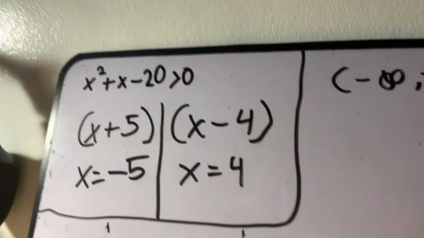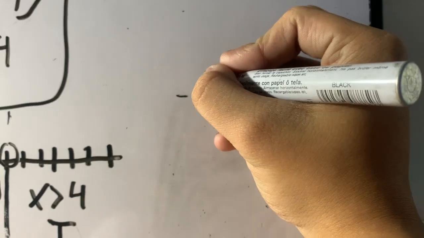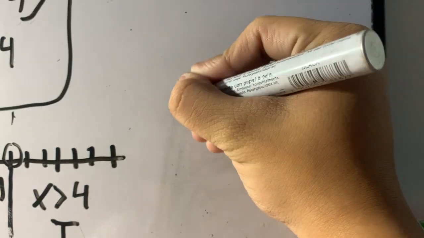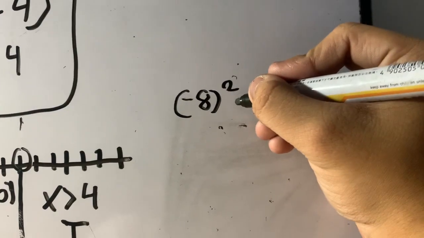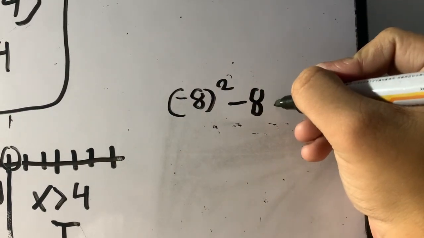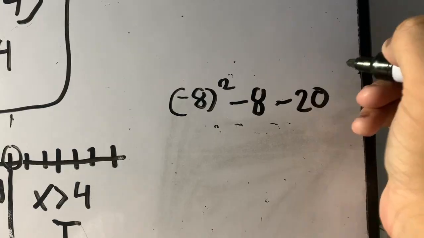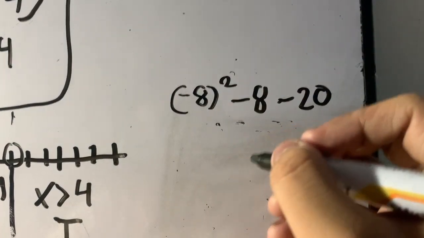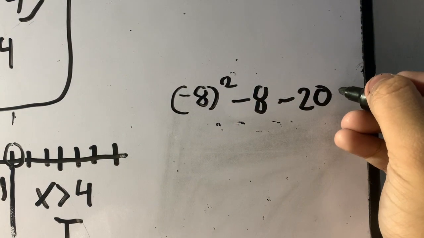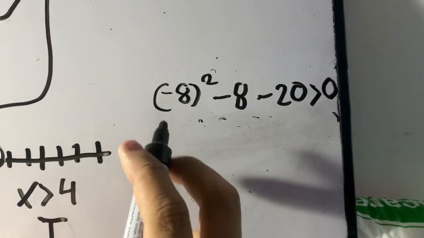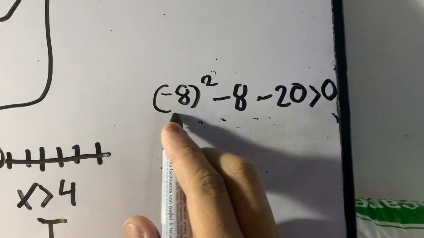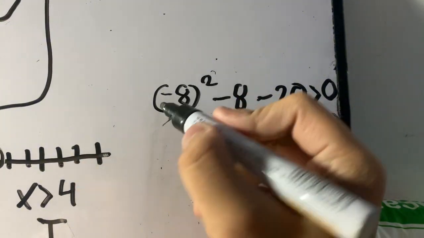So negative 8 squared minus 8 minus 20 is greater than 0. So let's try. 8 times 8, 64 positive.